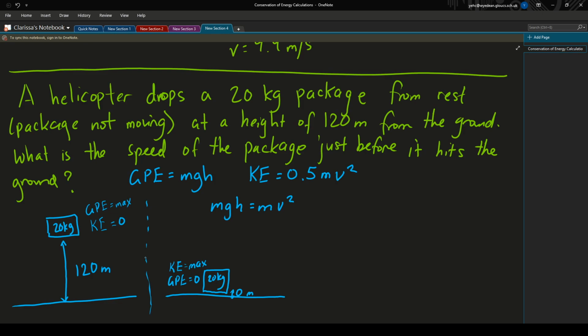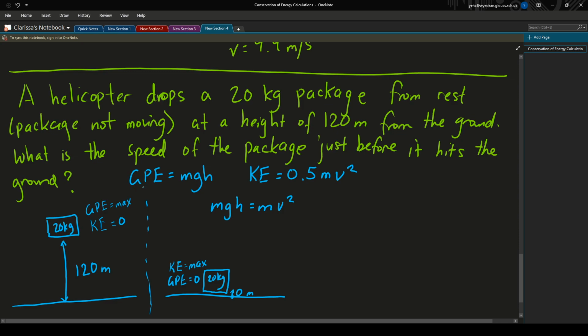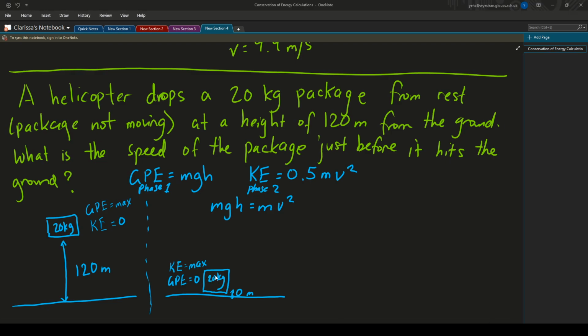So once again, making up numbers, say at the start gravitational potential energy was 100, it's not, but say it was 100, then that means at the end kinetic energy would have been 100. So the two separate values, they would have been the same. So this is GPE of phase 1 would have been equal to the kinetic energy of phase 2. Hopefully that makes a little bit more sense now.